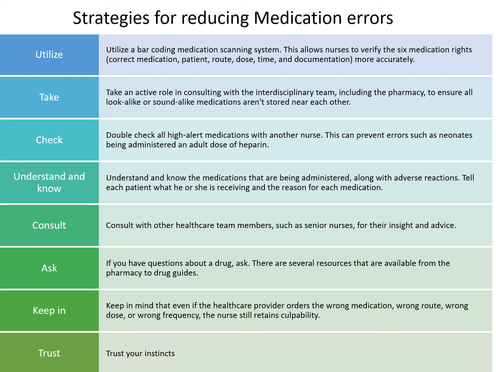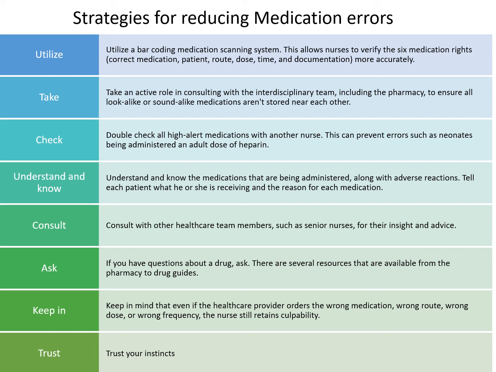And everybody is human, from the healthcare provider all the way to the patient that's getting the pill. So checking medications, right? Does this medication make sense? Why is this teenager getting a very powerful blood thinner? That doesn't make sense.